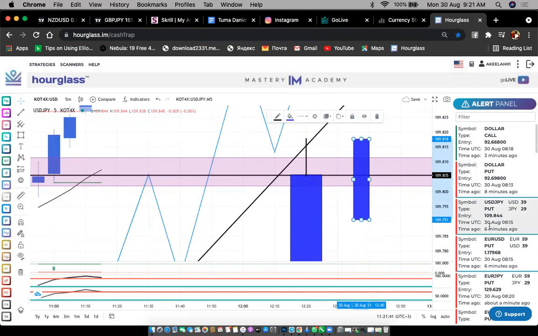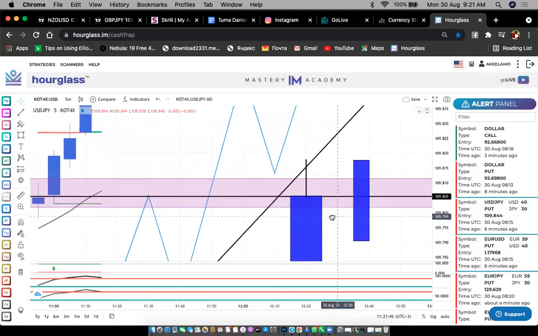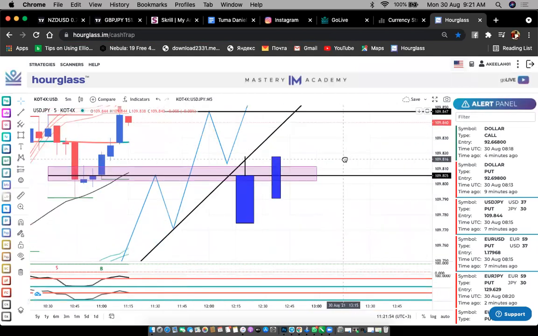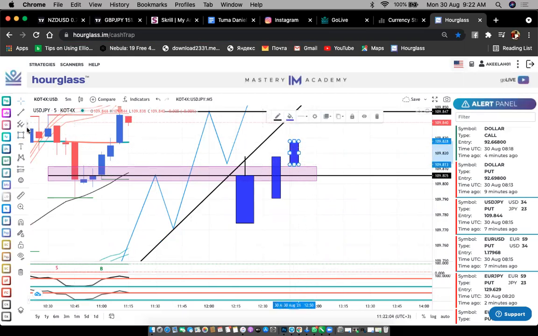Even if the market is telling you buy, buy, buy, buy, don't enter for a buy. Wait for when you see this one that broke and closed above it. Then when it does that, you wait for the retest. Wait for it to come back. But sometimes it's going to do like this, and it will not come back so soon.